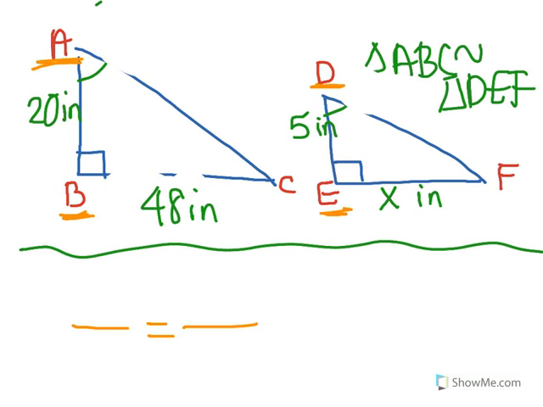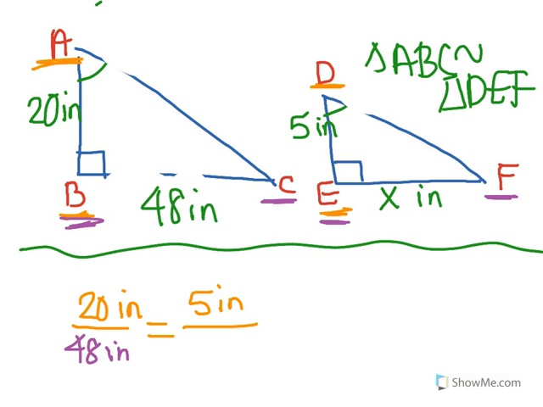And so that 20 inches for AB is in proportion to the 5 inches for DE. And if we look here, side BC matches up with side EF. So that 48 inches for side BC is going to be in proportion to that X inches, or that length I'm trying to find.